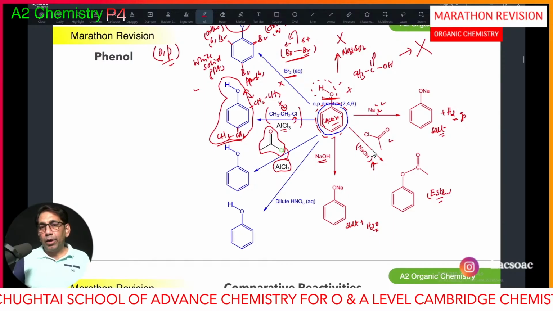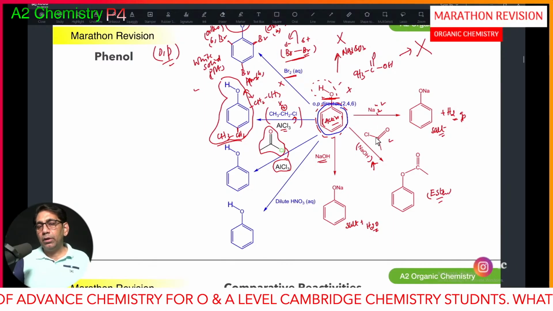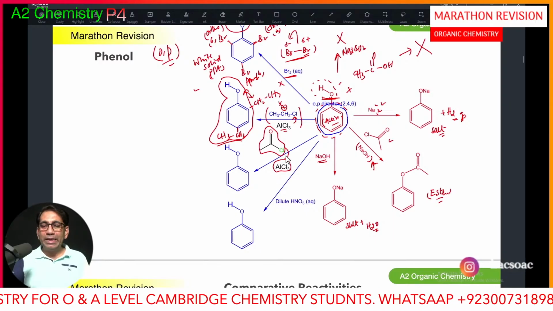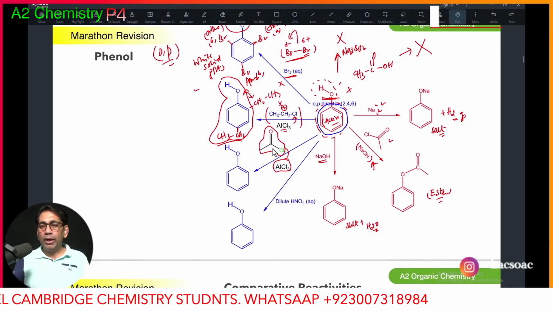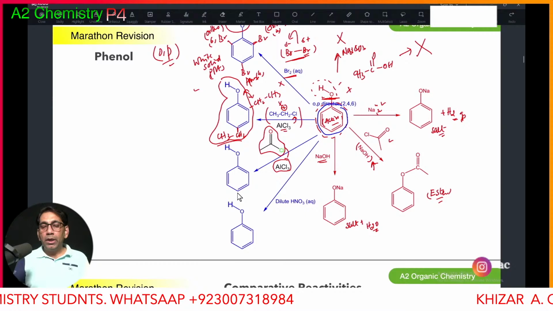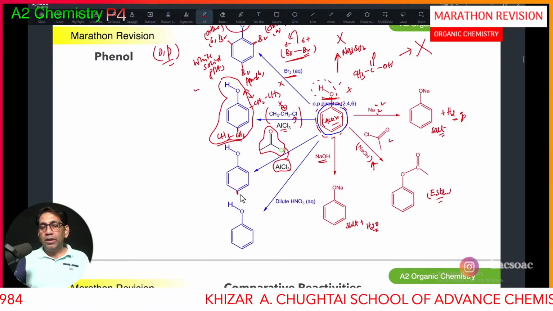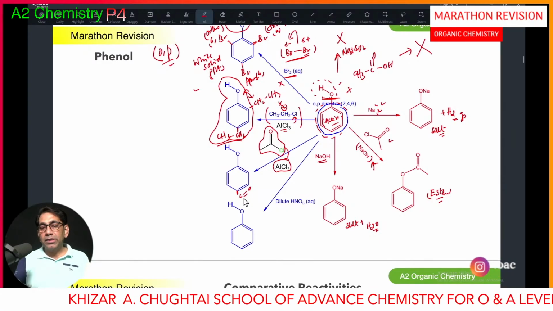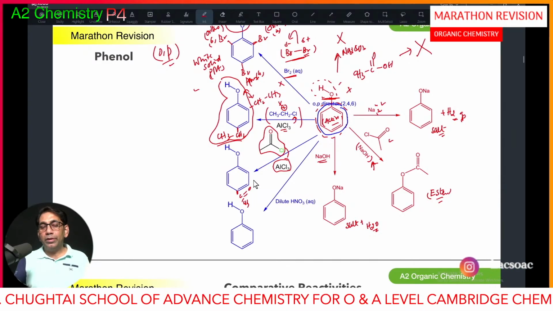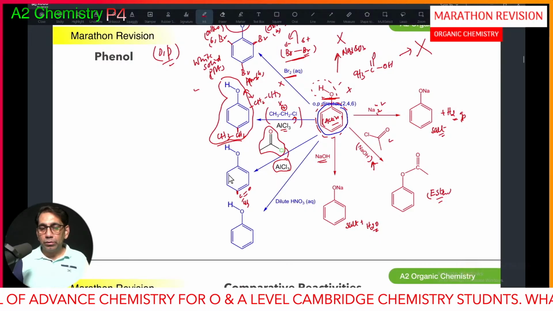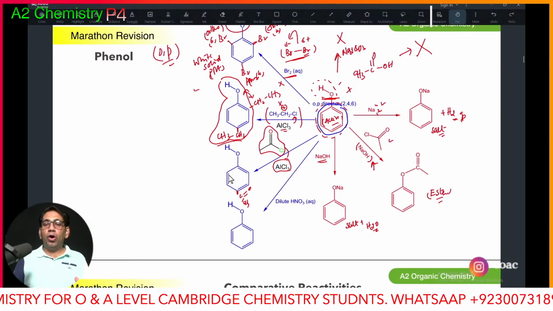This was the different scenario when I mixed NaOH and this ethanoyl chloride. Now I'm going to mix AlCl3 and this ethanoyl chloride. And what will happen? There is the introduction of acyl group at para position. So there is acylation on para position.